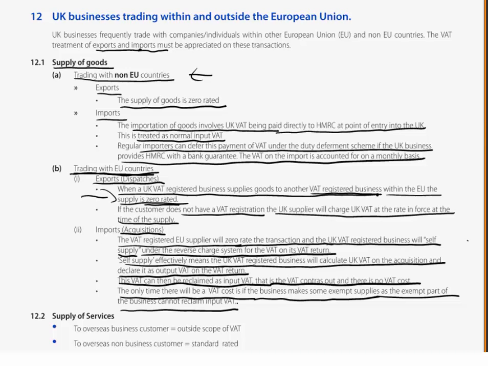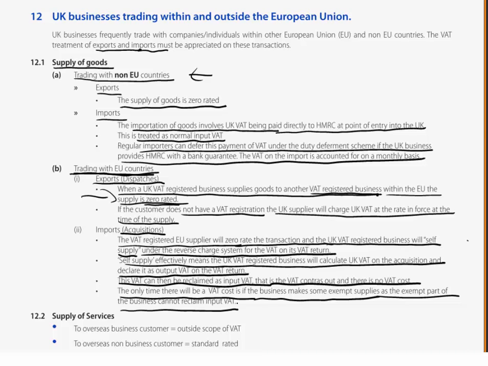If we didn't have this system that we've just explained on buying in from outside the EU, buying in from within the EU, think what would happen. I could buy in from the Chinese company or from the German company at what would be a VAT exclusive price of £100,000. If I didn't then have to account for the 20,000 VAT on that purchase, then I would not pay out 120.